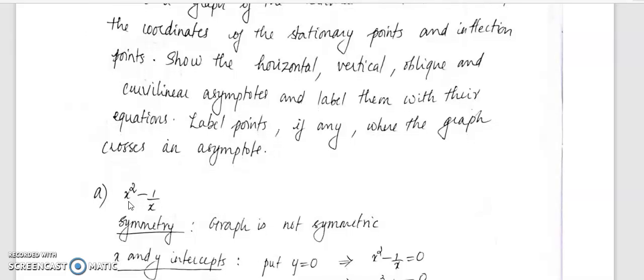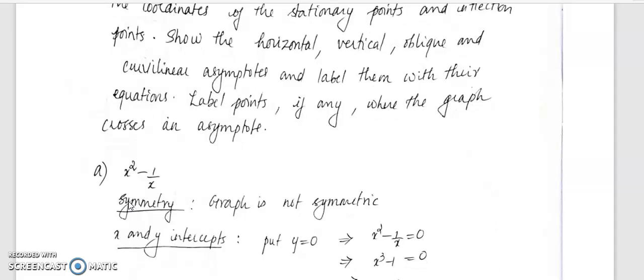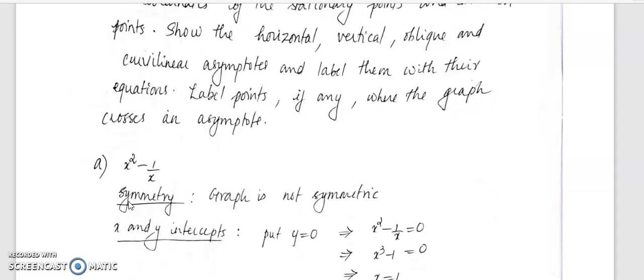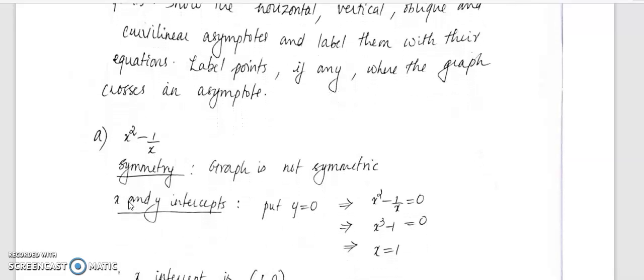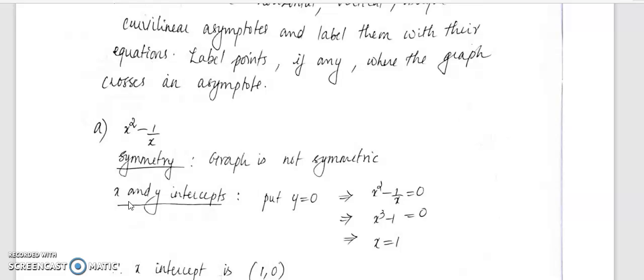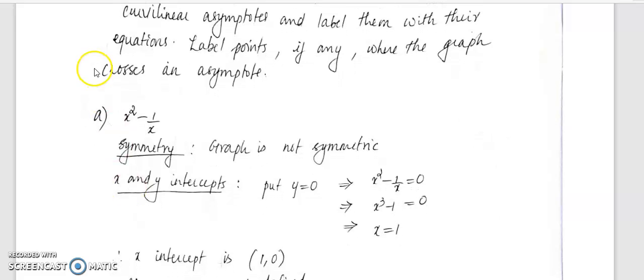Now let us look at the intercepts. When y is 0, you get (x square minus 1) by x equal to 0, so that gives x cube minus 1 equal to 0. Solving x cube minus 1 equal to 0, the only real root is x equal to 1. So (1, 0) is the x-intercept. When x is 0, the function is not defined.